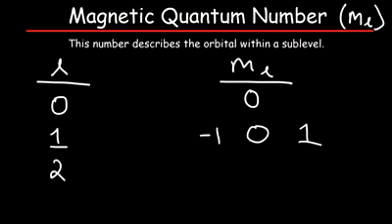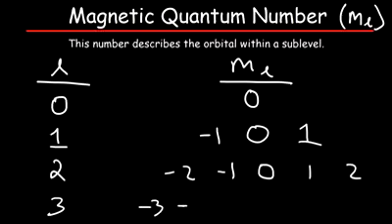When L is 2, we have the d sublevel, and there are 5 d orbitals: -2, -1, 0, 1, and 2. When L is 3, we have the f sublevel, which has 7 orbitals: -3, -2, -1, 0, 1, 2, and 3.